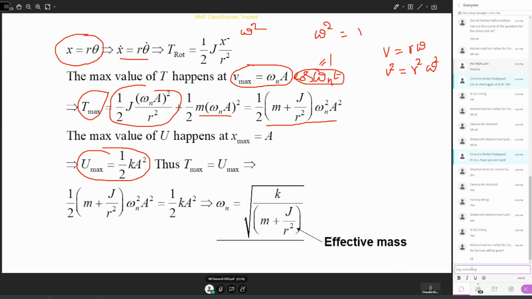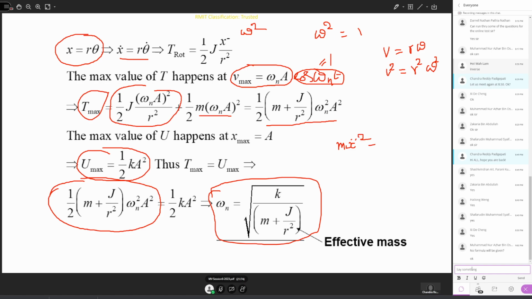Then you take the time derivative of these things. You can write the equation of motion like this, and from there you can write the natural frequency of the system. To write the natural frequency of the system, you always need to compare the system with your equation of motion, m x double dot plus kx is equal to 0.